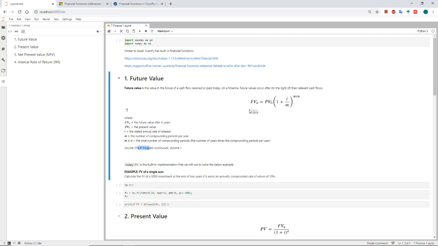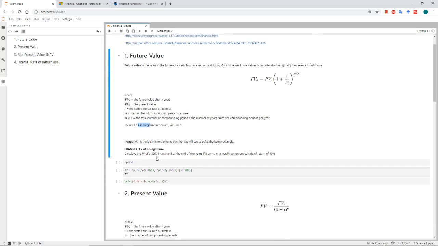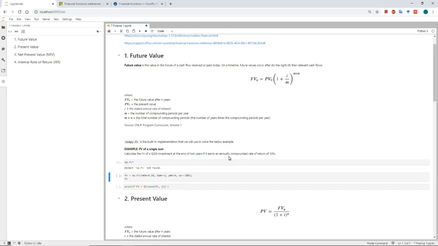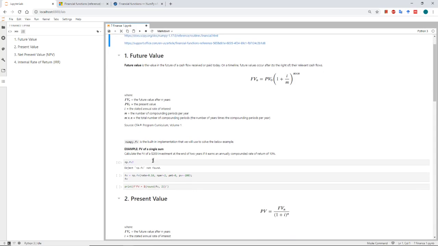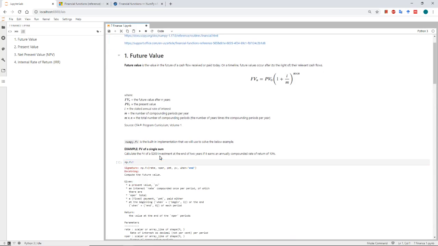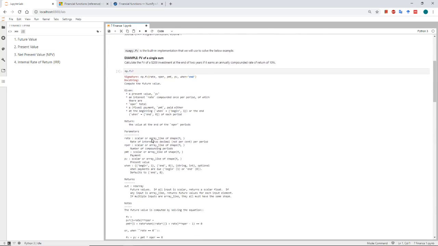So here's the future value formula, and we can try this example. Calculate the future value of a $200 investment at the end of 2 years if it earns an annually compounded rate of 10%. Let's initialize our libraries and look at the future value.